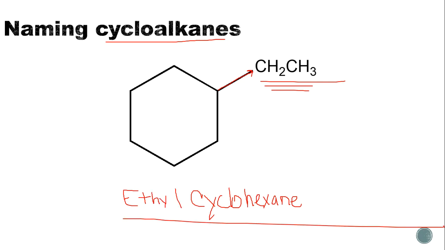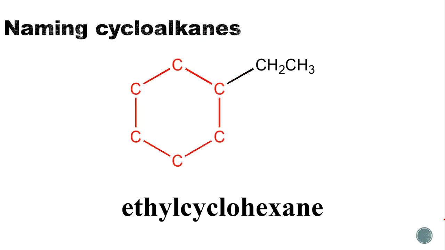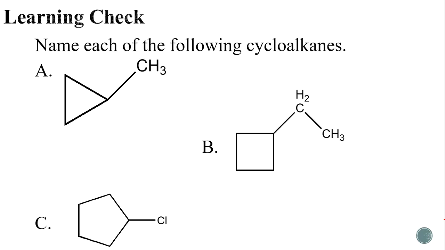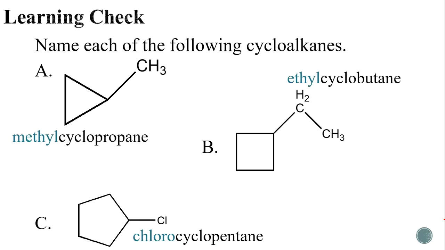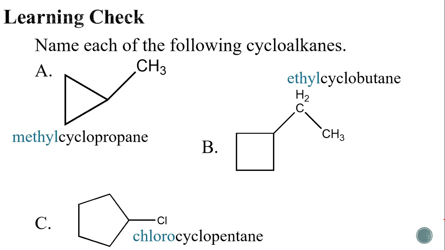So this is just ethylcyclohexane. If there was a chlorine on there, you would just call it chlorocyclohexane. If there was a bromine on there, bromocyclohexane. So pretty straightforward. It's pretty easy. We got it. But if you need practice, look at these, pause the video, and there's your answer.